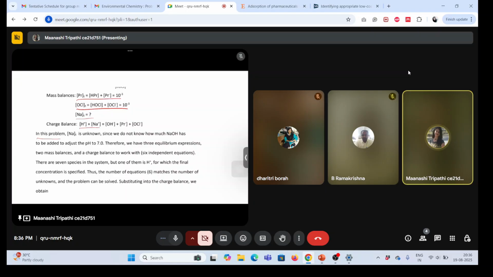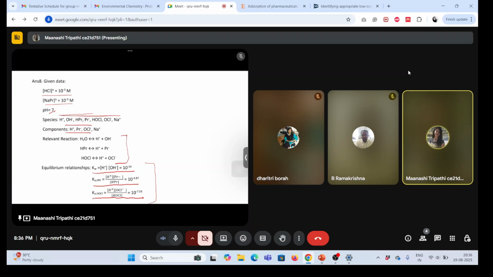In this problem, Na plus is unknown since we do not know how much NaOH has been added to adjust the pH to 7. Therefore, we have three equilibrium expressions, two mass balances and a charge balance to work with. Six independent equations. Here there were six unknowns, right? If we know H plus, we can know OH minus.